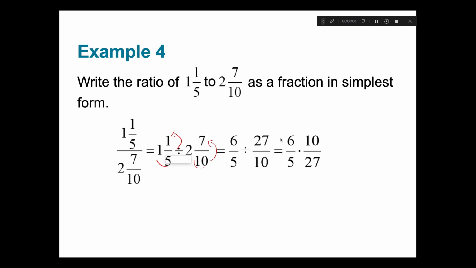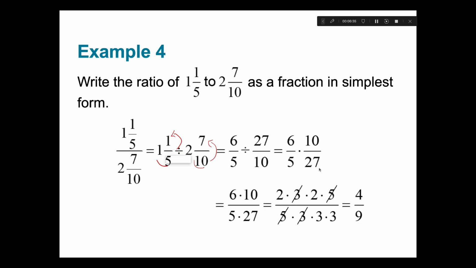And when I divide fractions, how do I divide these two fractions? Flip and multiply. So I flip my second one over. So then when I multiply fractions, I multiply straight across. 5 times 27.